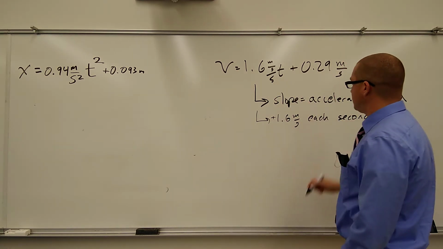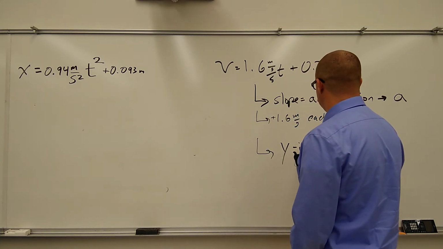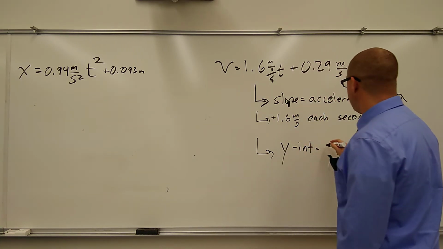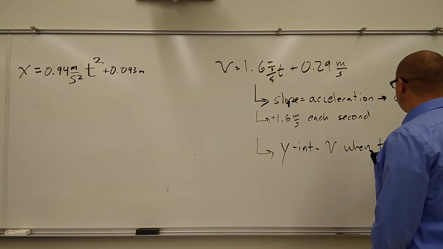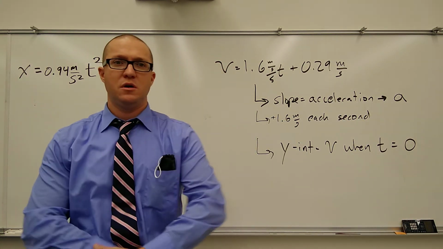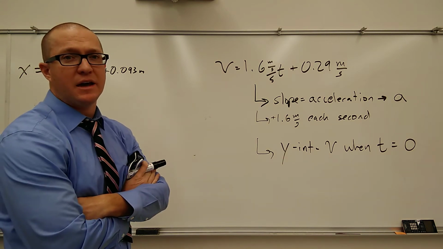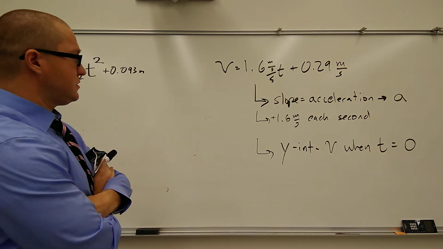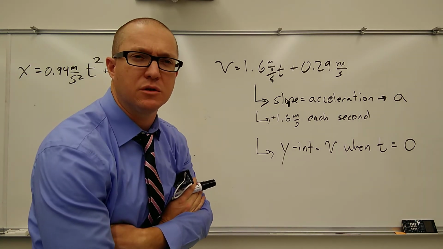The y-intercept is the velocity when t equals 0. It's the value of the y-axis when the x-axis value is 0.